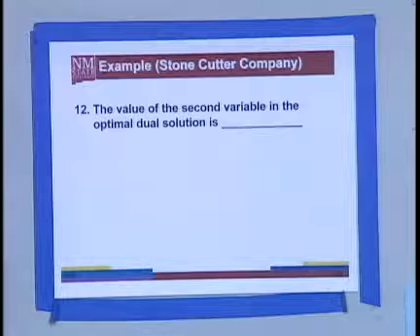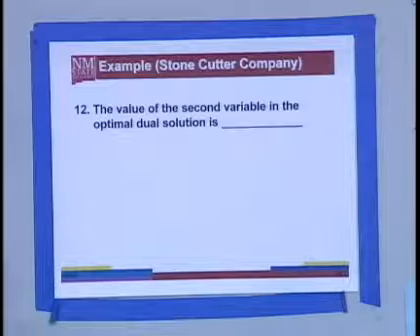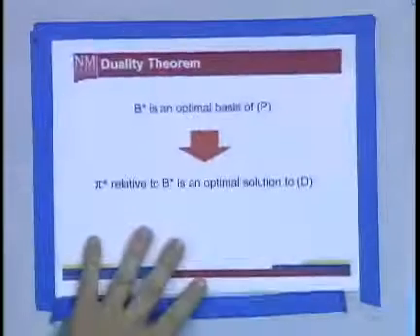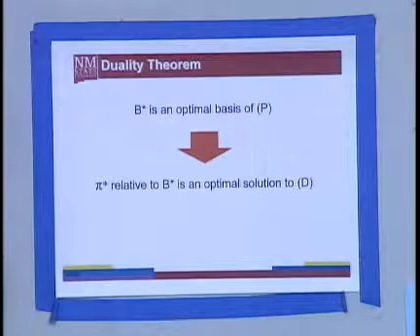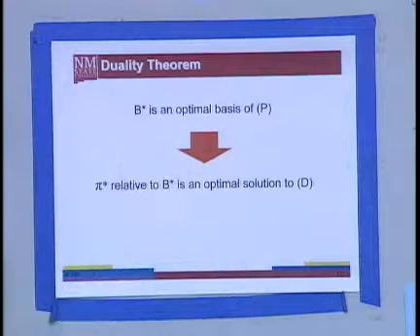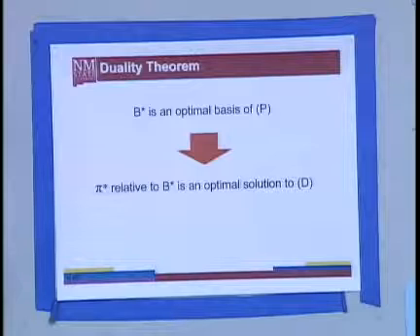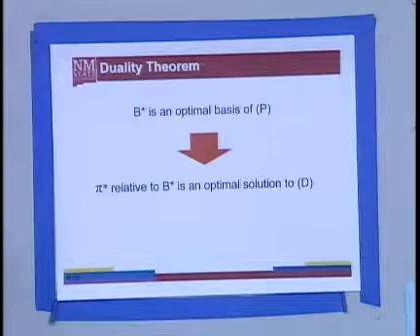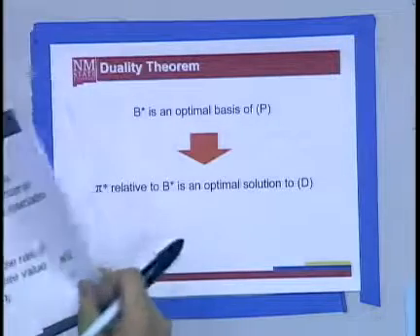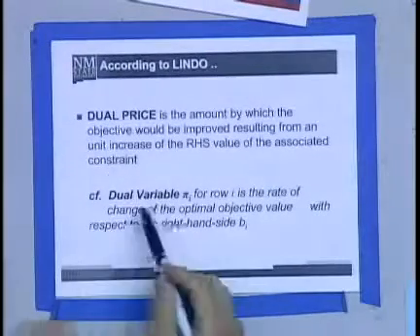To answer this question, we can use the duality theorem, right? You remember what it was? The duality theorem tells us the simplex multiplier vector pi relative to the basis is an optimal solution to the other side of the problem, right? And Windows provides dual price instead of dual variable.